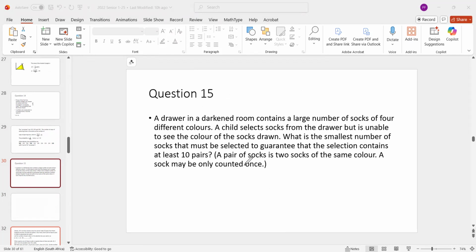You got a drawer in a darkened room that contains a large number of socks of 4 different colors. Well, evidently this should be in a box. Why? They should say in a drawer. Okay. Forgive me. So this drawer has got a large number of socks. So let's just put the drawer down somewhere. It's got 4 different colors.